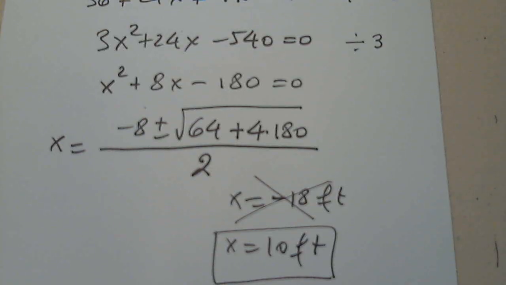Make sure that you select degree 2 because this is degree 2. And then you have to carefully enter the coefficients. The first one is indeed 1. The next one is 8. And the last one is negative 180. When you start with the negative, you have to put the symbol. And then you click on graph, and it gives you 10 and negative 18.